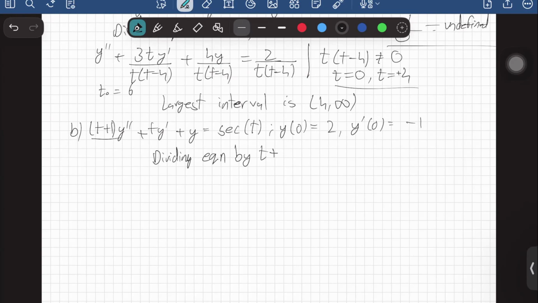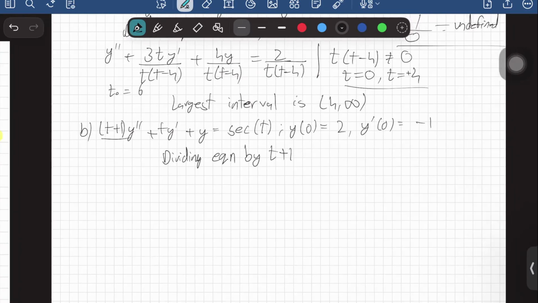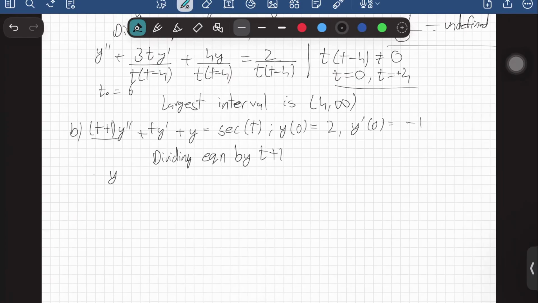So we have y double prime plus t divided by t plus 1 times y prime, plus y divided by t plus 1, equals sec of t divided by t plus 1.